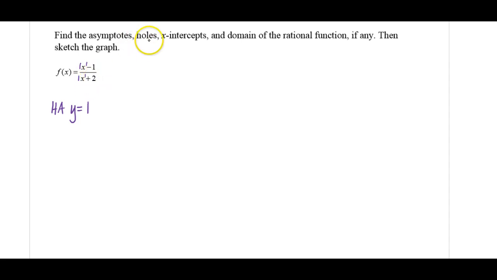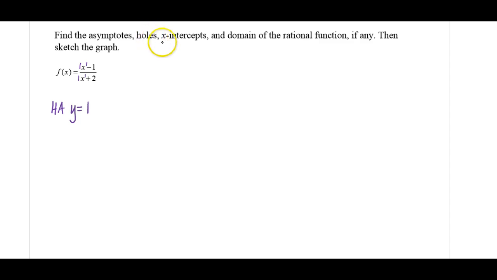To find any holes in the graph, what we're looking for is any values that will make both the top and the bottom 0, any particular x values where that happens. You'll notice, hopefully, that the x value that makes the top equal to 0 is positive 1. The x value that makes the bottom equal 0 is negative 2. Those are not the same value, so there are not going to be any holes in the graph.